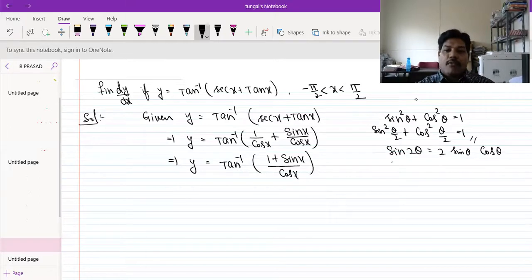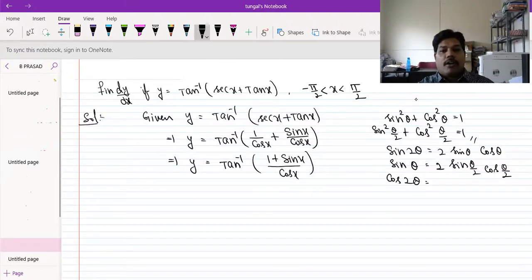And the half angle formula, what will we get, students? Sin theta is equal to 2 sin theta by 2 into cos theta by 2. And also the cos 2 theta formula; there are a number of formulas for cos 2 theta. For that, it is cos square theta minus sin square theta.